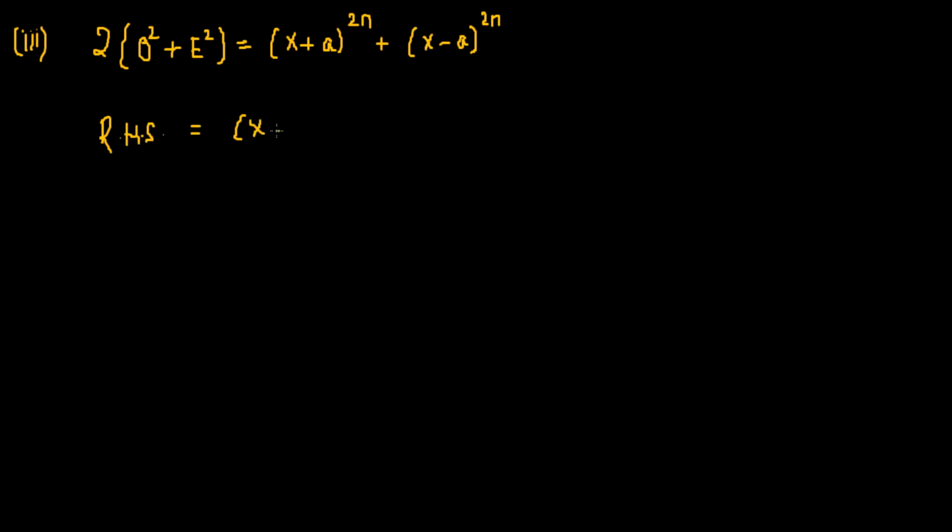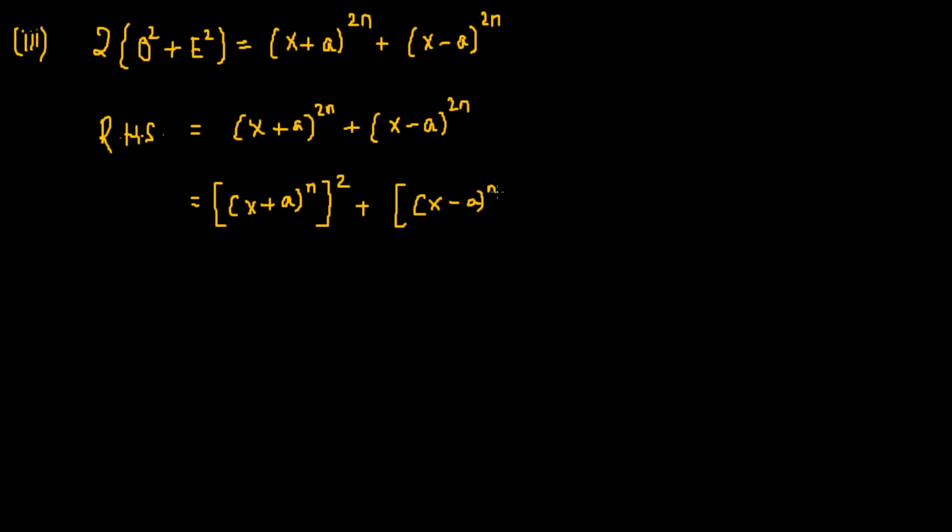So (x plus a) raised to the power of 2n plus (x minus a) raised to the power of 2n. This can be rewritten as (x plus a) raised to the power of n whole squared plus (x minus a) raised to the power of n whole squared. If you remember, this was simply the sum of odd and even terms. So this is (O plus E) whole squared, and this is the difference between the odd and even terms.